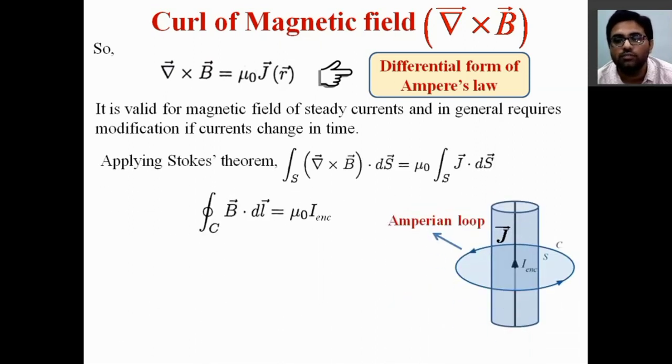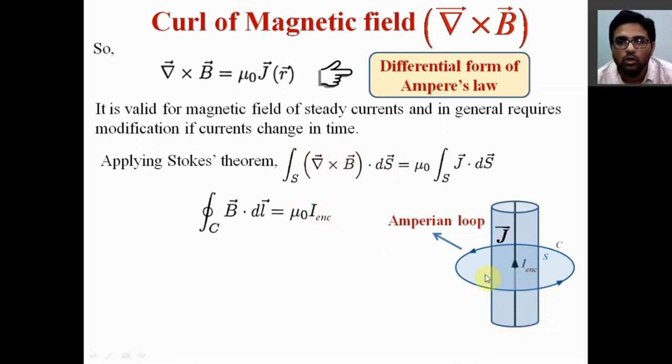Now this differential form can be converted into integral form by applying Stokes theorem. According to this theorem, the line integral of the magnetic field around a closed path C, which actually covers the point where the magnetic field will be calculated, is equal to the open surface integration of curl of magnetic field. So closed line integration of magnetic field is actually equal to the open surface integration of curl of magnetic field. So this is the Stokes theorem.